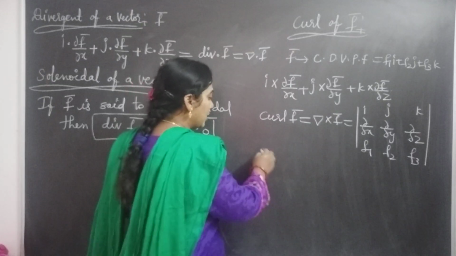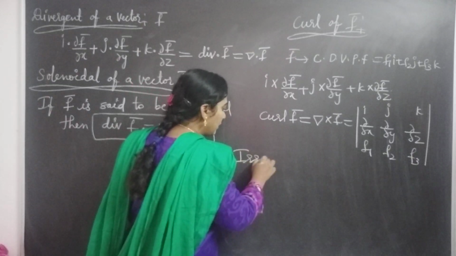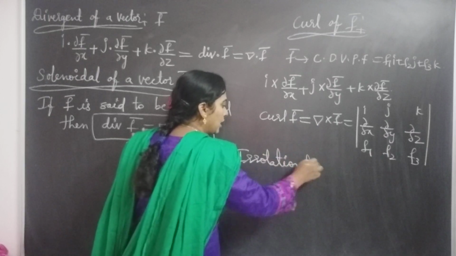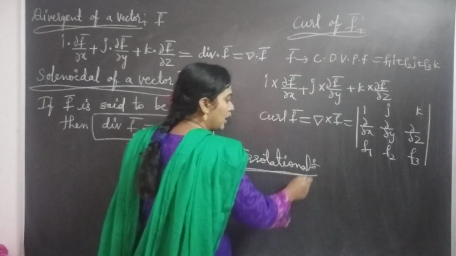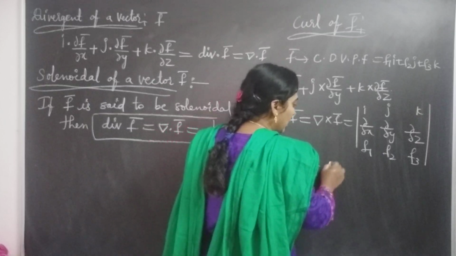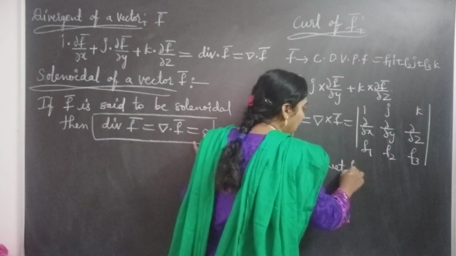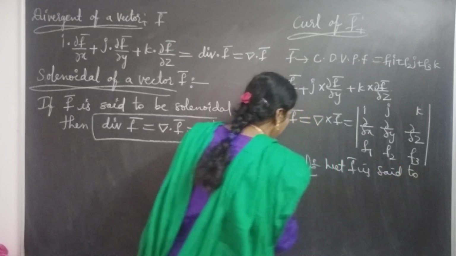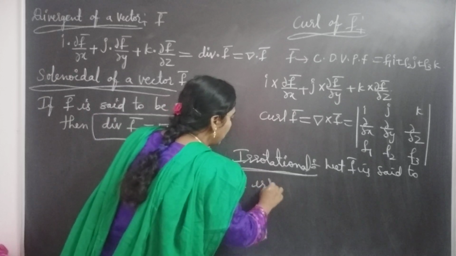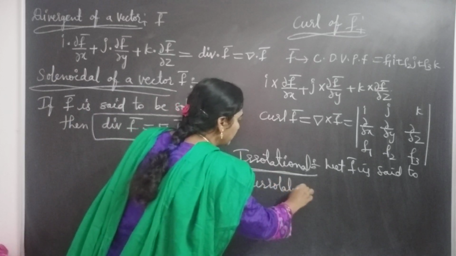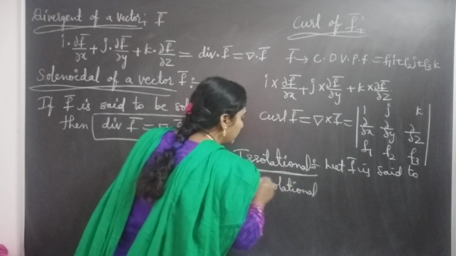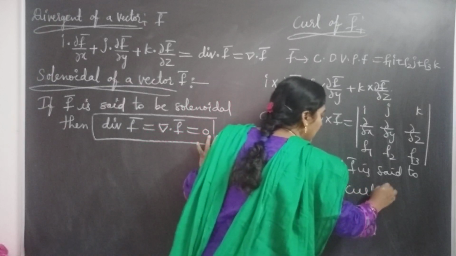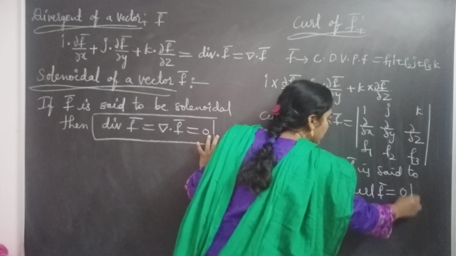Here, irrotational. Irrotational means, let f vector be said to be irrotational if curl f bar is equal to 0.